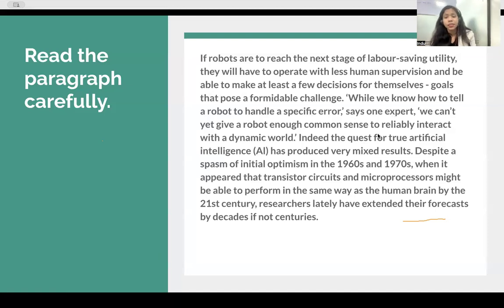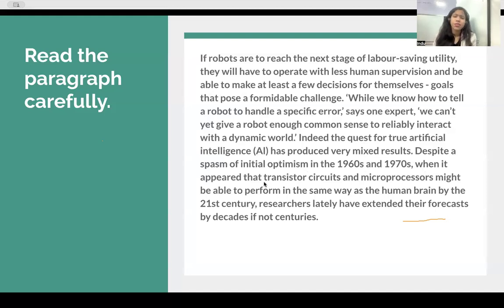Now, indeed, the quest for true artificial intelligence has produced very mixed results. They're saying that if we tried this with AI, it gave us mixed results. Despite a spasm of initial optimism in the 1960s and 70s, when it appeared that transistor circuits and microprocessors might be able to perform in the same way as the human brain by the 21st century, researchers have lately extended their forecast by decades, if not centuries.